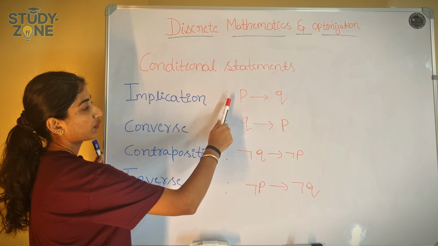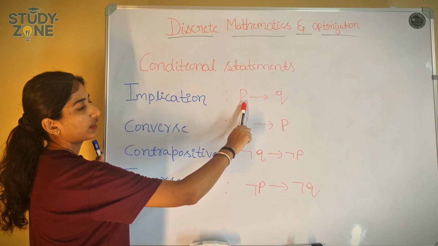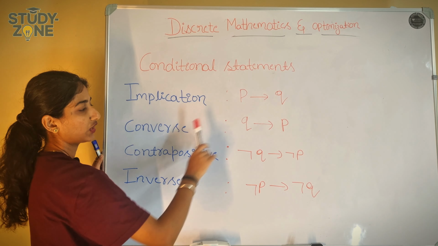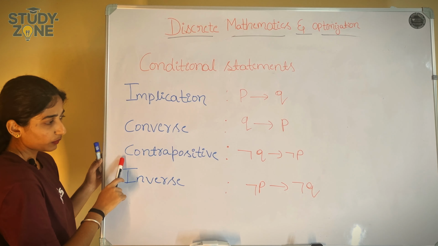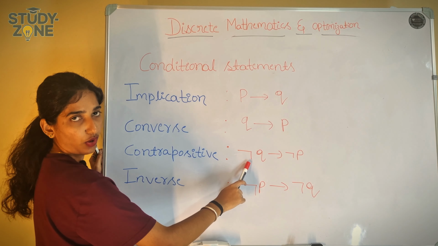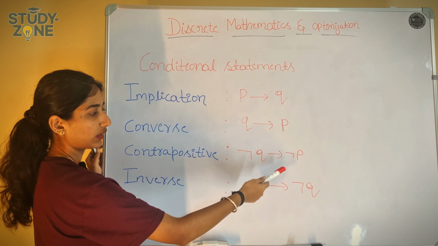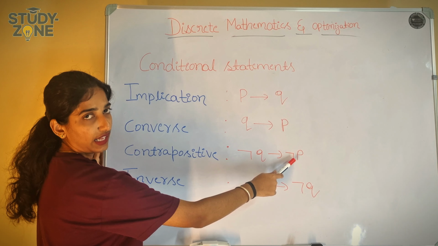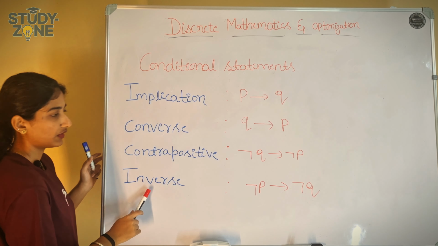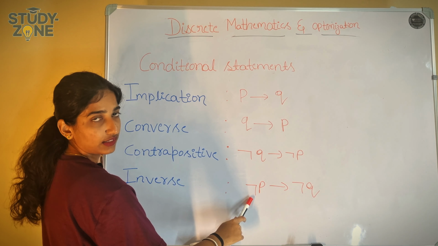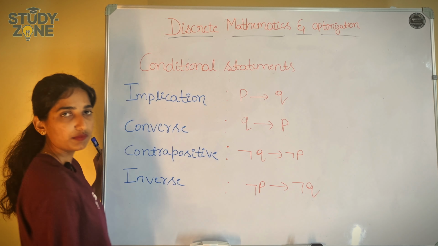So if we reverse the implication, then it will become converse. And then contrapositive, if the ground is not wet, then we get to know that rain has not come. And then inverse, if the rain didn't come, the ground will not become wet.